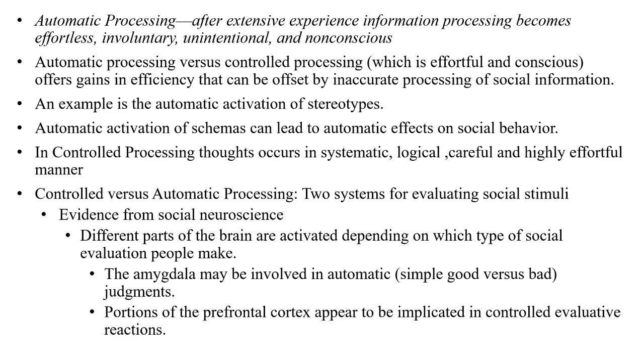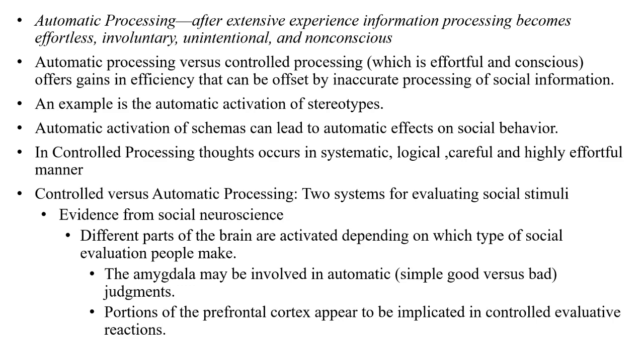Then let's learn about the difference between controlled versus automatic processing. So these are two systems for evaluating social stimuli. Then, evidence from social neuroscience: different parts of the brain are activated depending on which type of social evaluation people make, controlled or automatic.